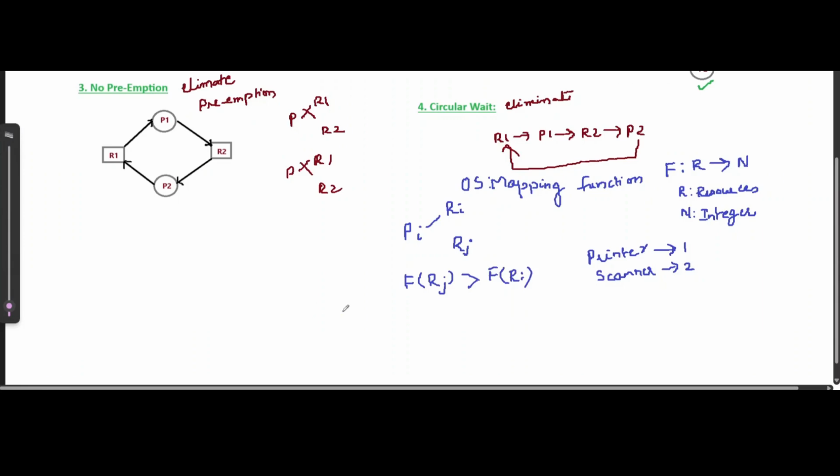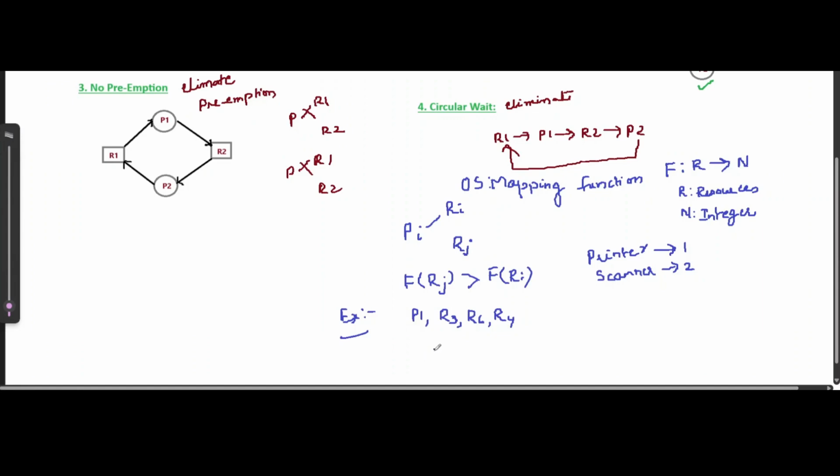One example I'll take here. Suppose process P1 needs the resources R3, R6 and R4. Then the following ways of requesting the resources are allowed.